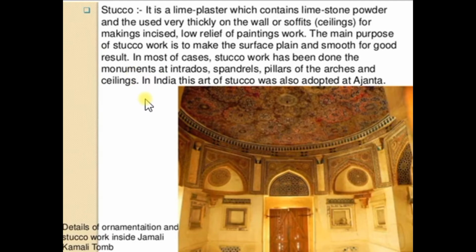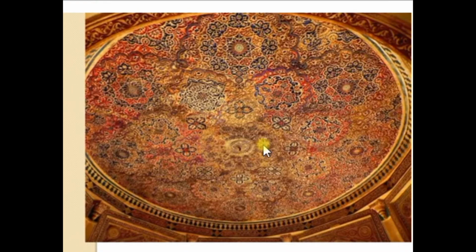In most cases, stucco work has been done on the monument in intrados, spandrel, pillar, or other arches and ceilings. In India, this art of stucco was also adapted in Ajanta. This is the detail of ornamentation and stucco work inside Jali Kamali tomb. Stucco works are basically decoration of ceiling works.